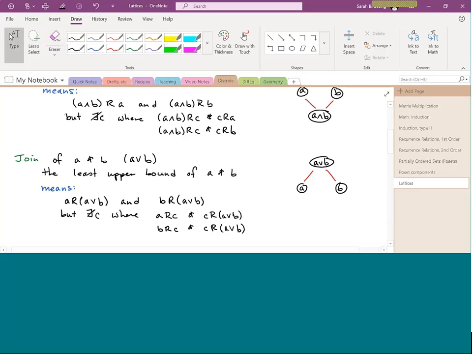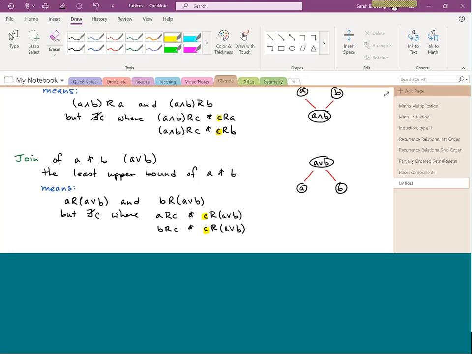The main thing in both of these two definitions is that this little element C isn't allowed to be between either your meet or your join and your A and B elements if it's common to both of those two paths. It's totally fine for both your meets and your joins to be on longer than a length one path between it and either your A and your B element.